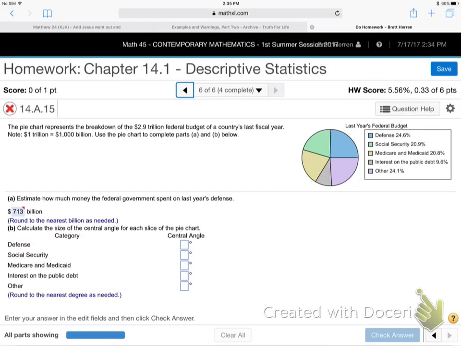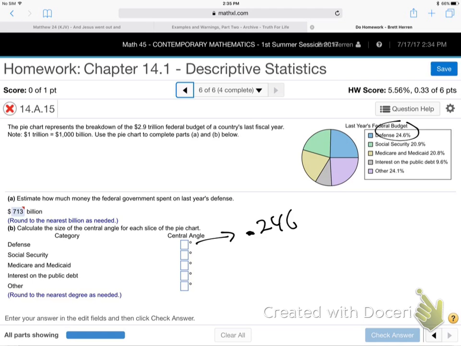Okay, so part B, calculate the size of the central angle for each slice of the pie chart. All right, so how are we going to do central angles again? Let's start with defense. So defense, 24.6 percent, so we make it a decimal, 0.246, right?